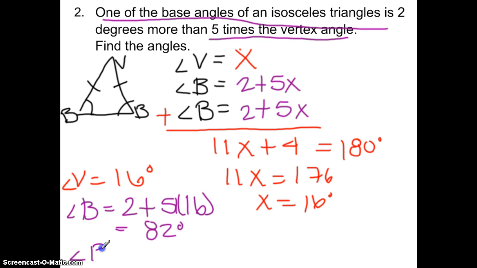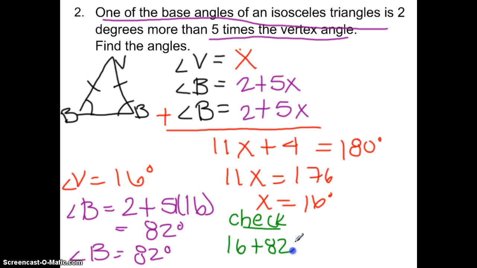So both of our base angles are 82 degrees. Then you have to make sure you go back through and check. Our vertex angle plus our two base angles, if you add them up, should equal 180 degrees. So we know we did our algebra correctly.